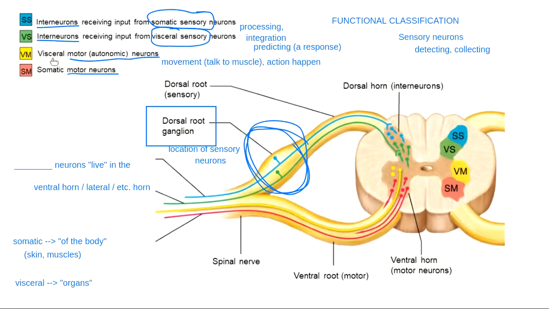The digestive system. Like somebody told me here, visceral motor neurons control two types of muscle in the body. What are the two types of muscle tissue that visceral motor neurons control?